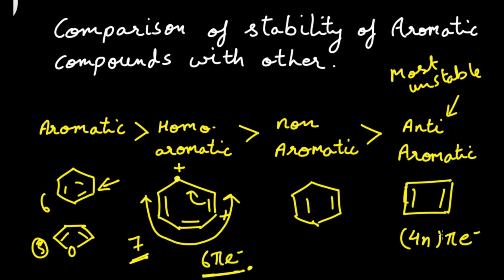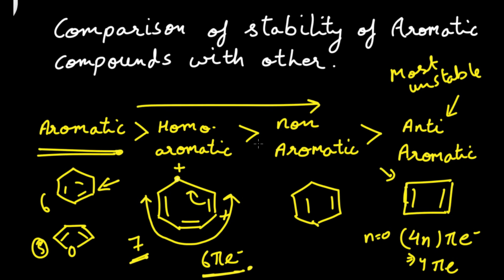We will talk about it in some other video, where n is equal to 0. If you put n equal to 0, the answer will be 4. And how many pi electrons are there in this? This is cyclobutadiene. How many pi electrons are there? 4 pi electrons. This is anti-aromatic. So these are examples of different kinds of compounds. Focus on aromatic and this sequence. Remember this stability sequence, right?